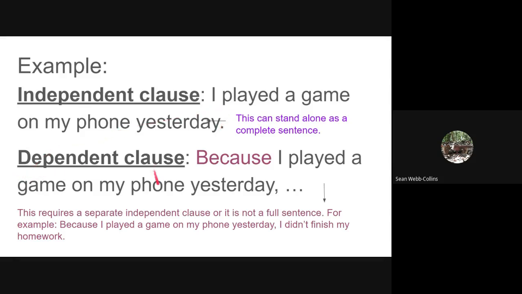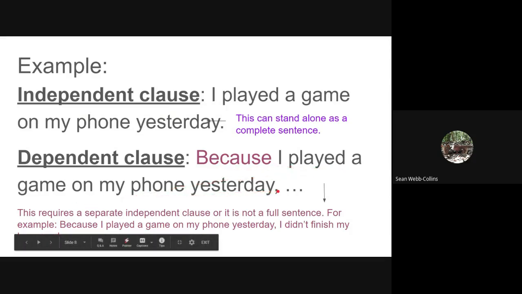Whereas in the dependent clause, because I played a game on my phone yesterday, this requires a separate independent clause if it is not a full sentence.